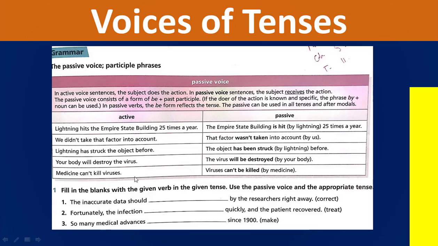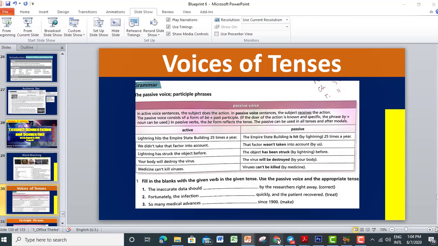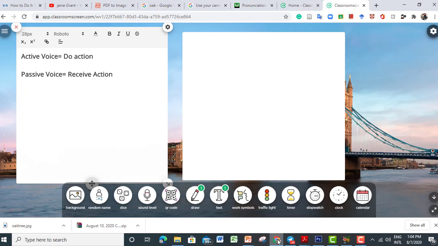Okay, the teacher would like you to see here. Remember, everyone, in the active voice we use a subject. For example, in the present simple tense, we use verb 1 plus an object.